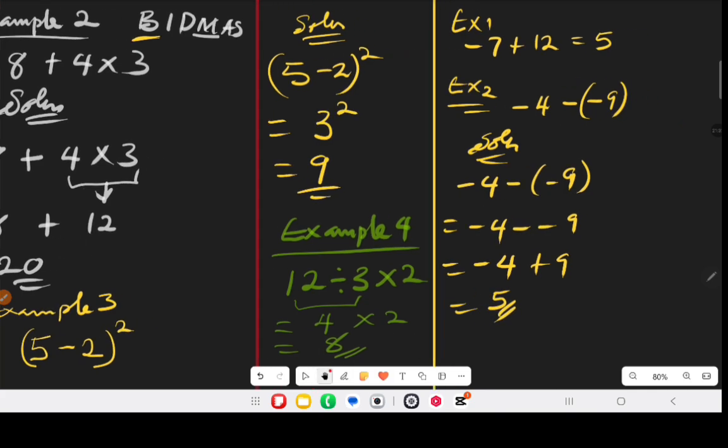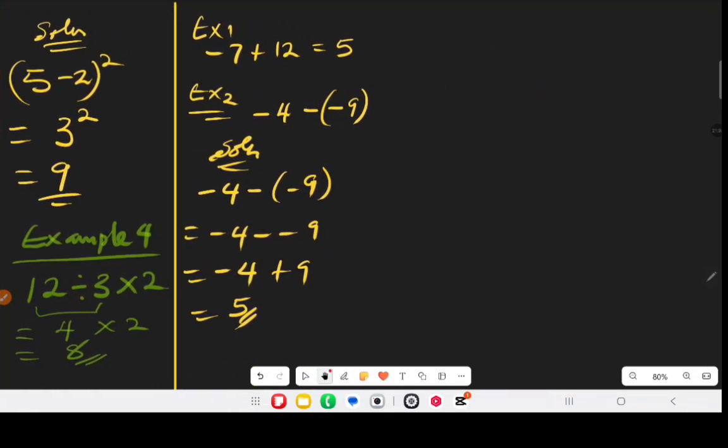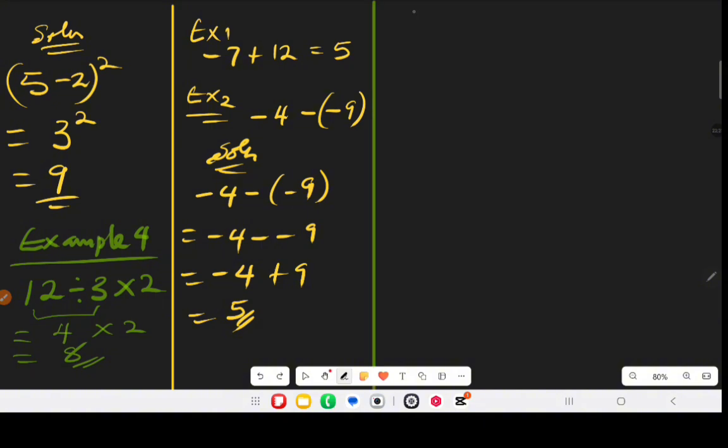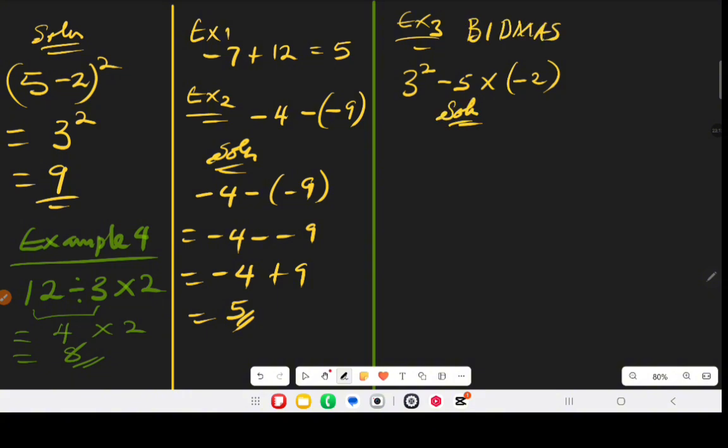Then we move further. If I take another example, we call example 3. Then if I have 3 raised to the power of 2 minus 5 times bracket minus 2. Now, approaching this question, we have to use BIDMAS. And in this case, we have first the bracket.